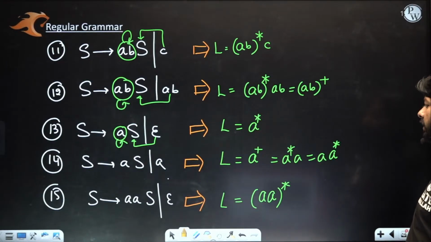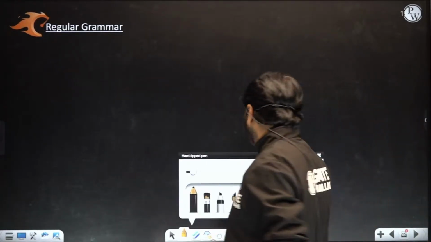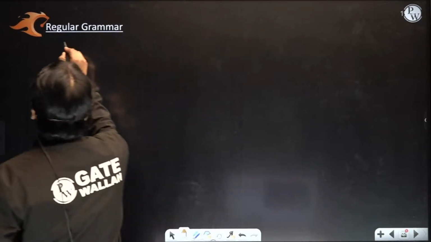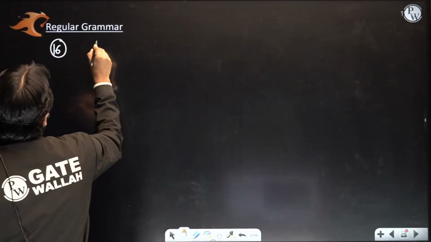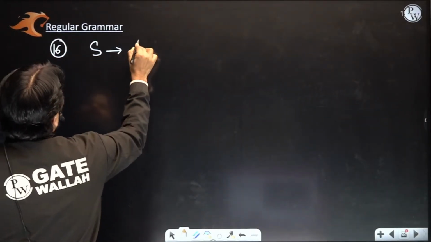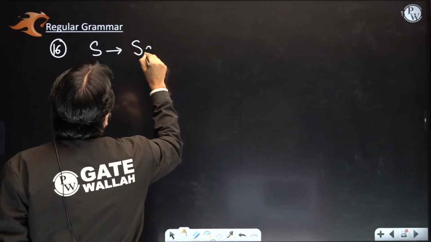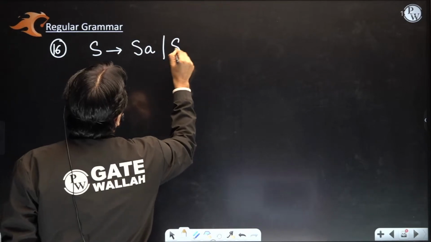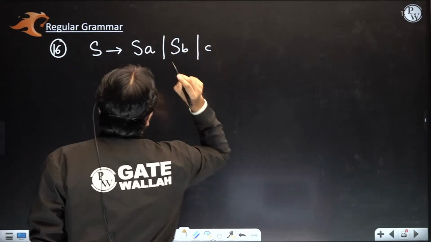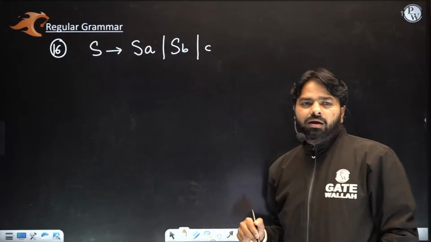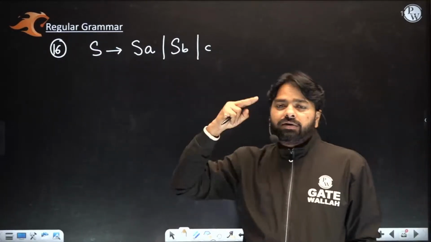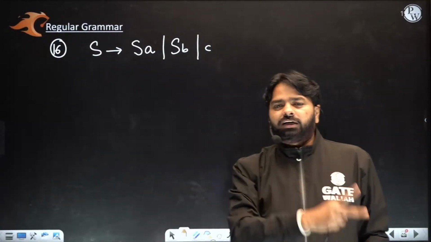Now let's go for more non-terminals. In all of them I have explained with a single non-terminal, right? Before going for more non-terminals, let's practice some more examples. Number 16, S derives, okay, with one non-terminal we'll try one more different one, SA or SB or C. Okay, this is another kind of example, but here you have two productions which are having left recursion.